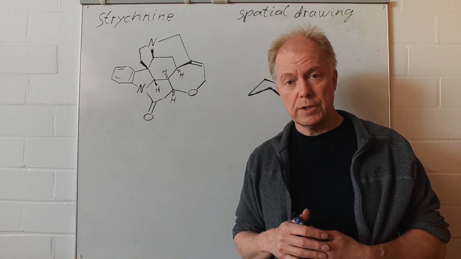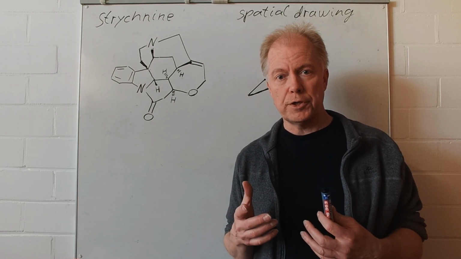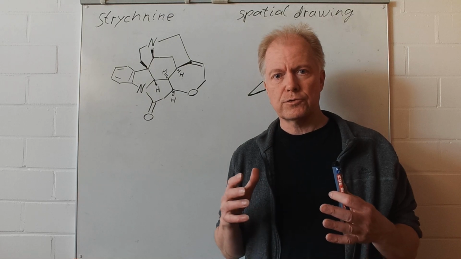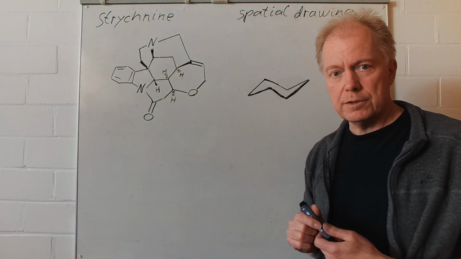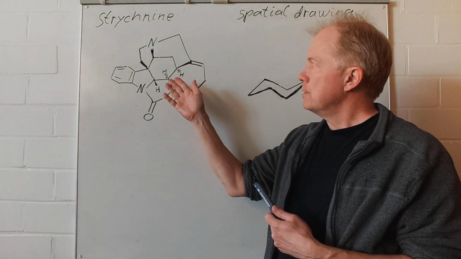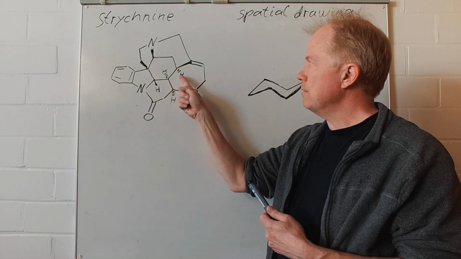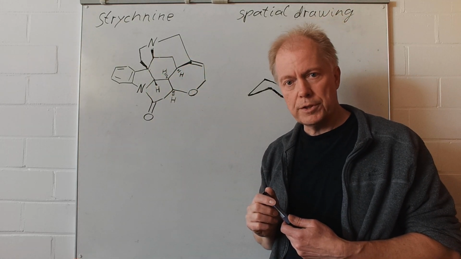Today's tutorial is about how to make a spatial drawing of a more complex structure as, for instance, strychnine, a famous alkaloid. In this alkaloid we have a central cyclohexane moiety.